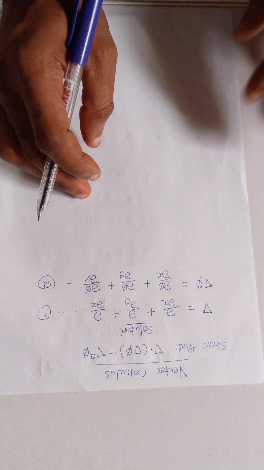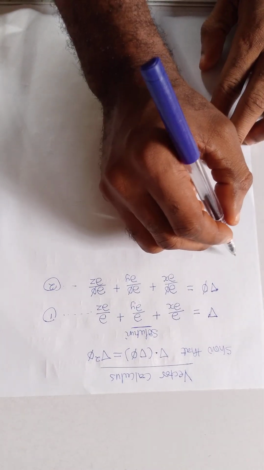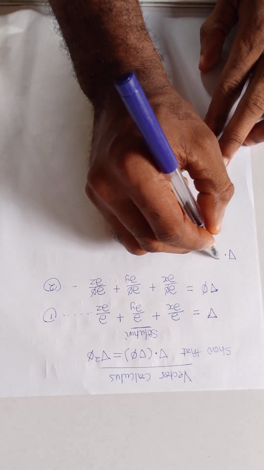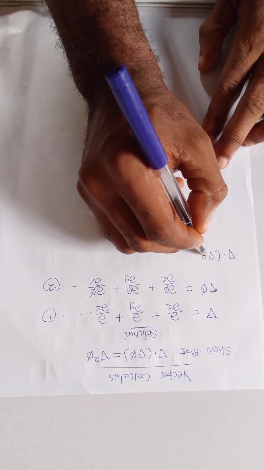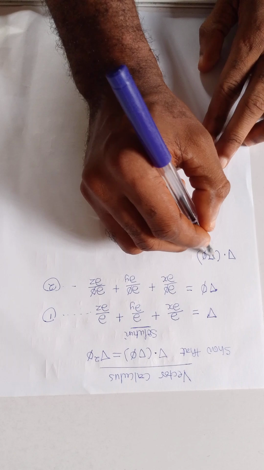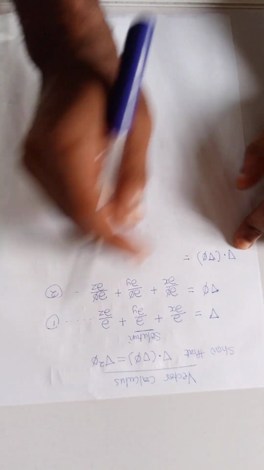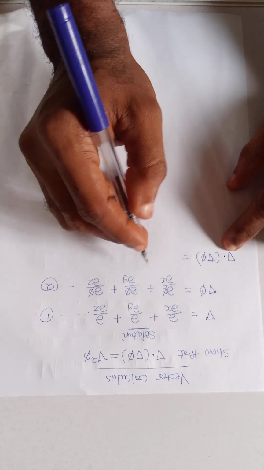And so if we have to bring this and this together, we are going to have this dot, this means divergence. So this is equal to this, and so this dot is a dot product multiplication.